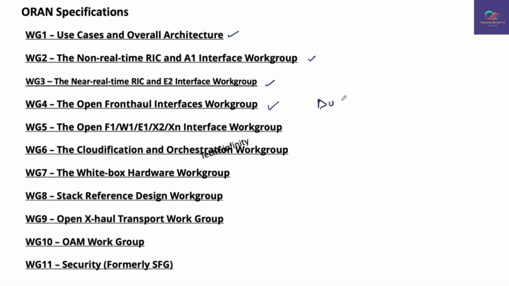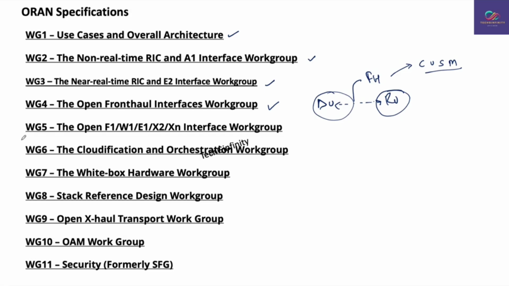As we all have seen, the interface between DU and RU is the fronthaul interface, and this working group talks about the requirements when the DU has to send something, whether it is a control or user packet, towards the RU, and what new implementation we have brought out. That has been covered in working group 4, which talks about the control, user, sync, and management plane. We will again look into this in the sessions of this series.